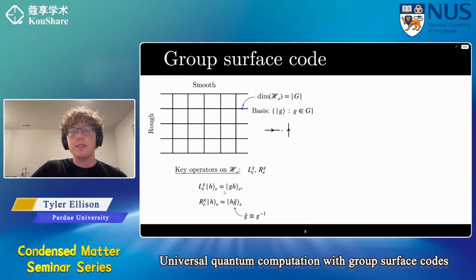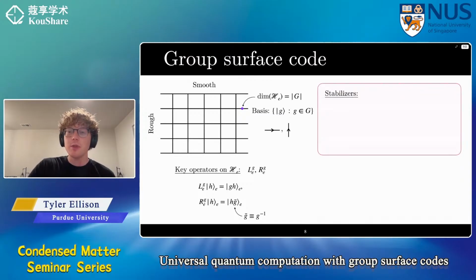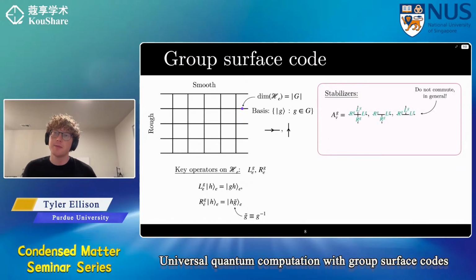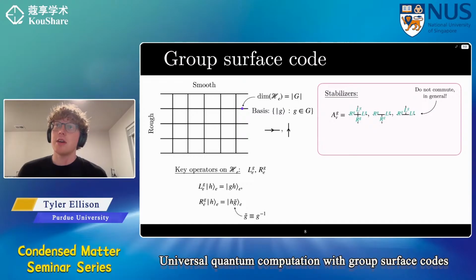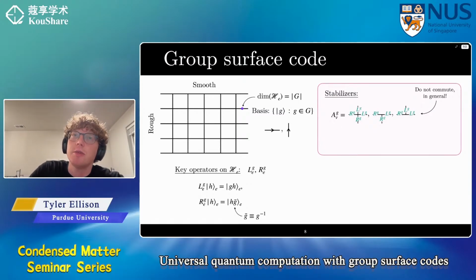Similar to the case of the Z2 toric code or surface code, we can define a code space implicitly in terms of a set of stabilizers. There are again two types of stabilizers. The first is a vertex stabilizer. This is a product of L_g and R_g around a vertex. The assignment of L_g and R_g is determined by the orientation of the edges.